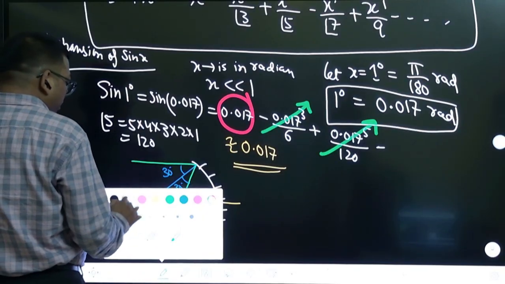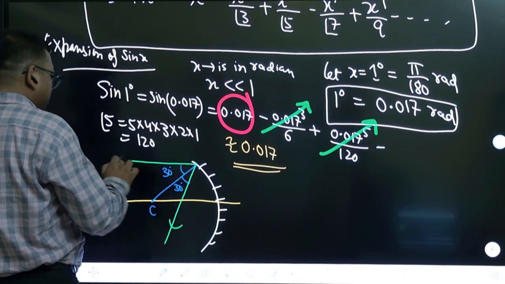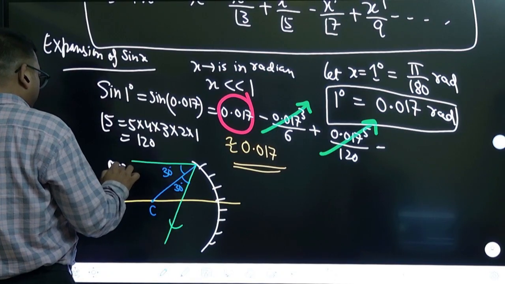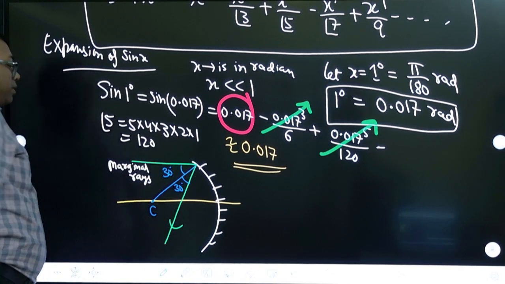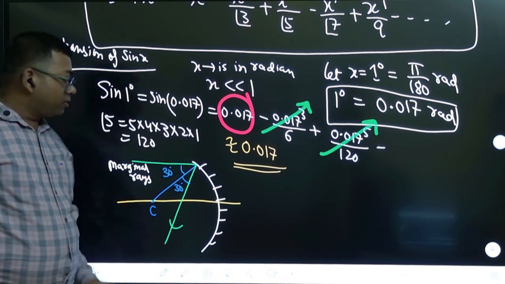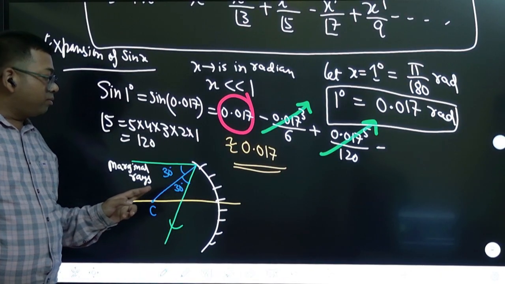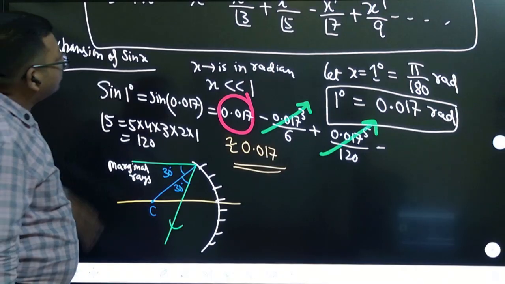Then here you cannot apply the approximation. This ray is a marginal ray, because it is making a very large angle. So that formula we cannot use. For this we have to use the actual formula.